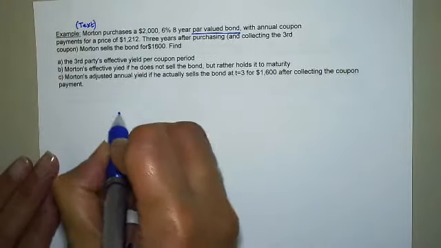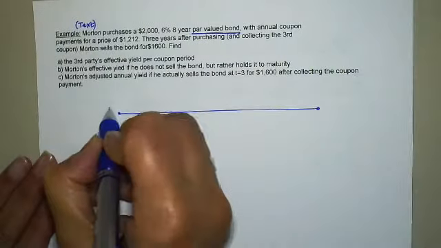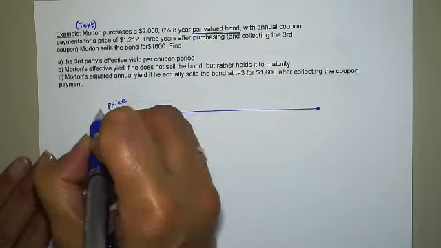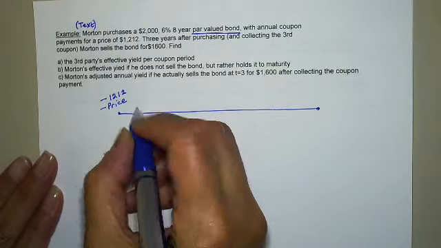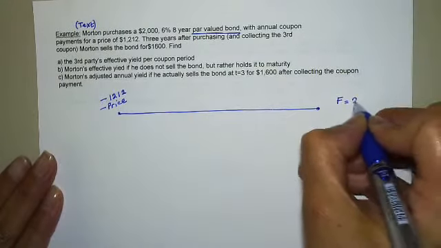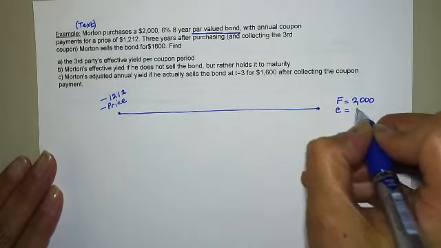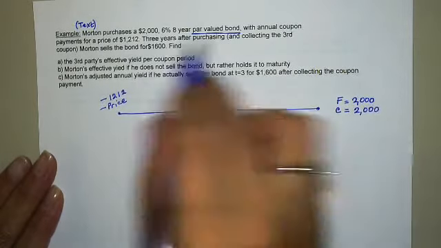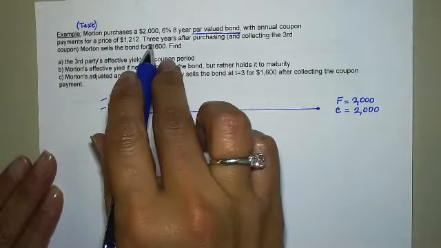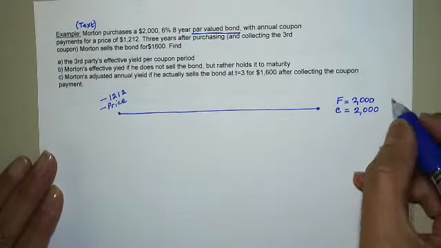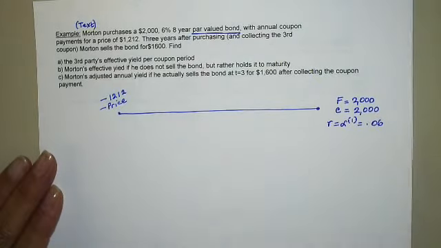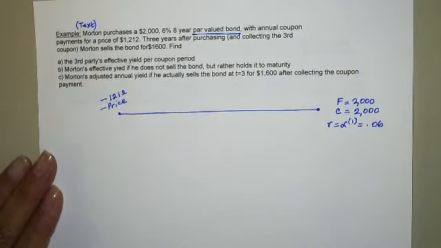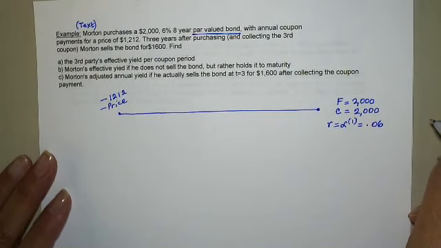Morton purchases a 2000 6% 8-year par valued bond with annual coupon payments for a price of 1212. Okay, timeline. Price 1212 and F equals 2000. Par valued, so C equals 2000. Annual coupon payments for a price.